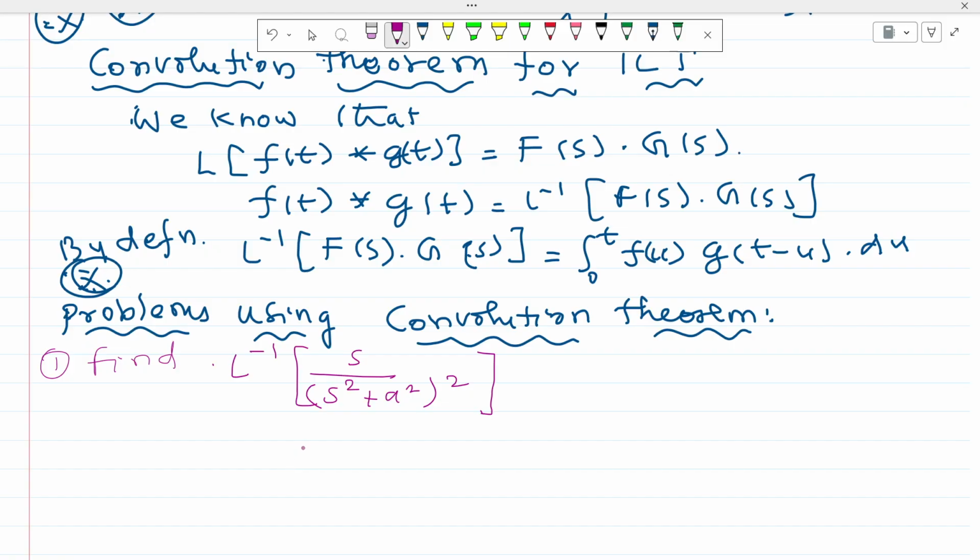The same problem repeats many times. Write the solution for this. Find inverse Laplace transform of s by (s square plus a square) whole square. Okay, fine.